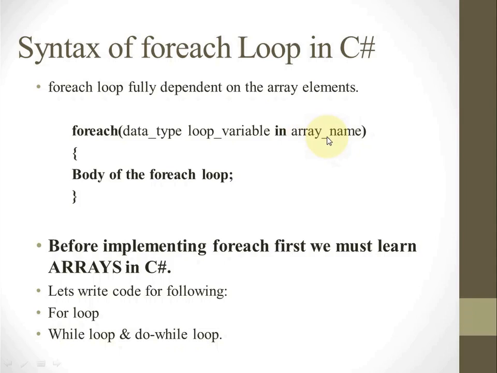So if we have an array of 5 elements, let's say of integer type, then the variable data type will also be integer, because the elements, or you can say the values, will be transferred one by one into the loop variable. So if the values are integer, then the loop variable type will also be integer. If the data type of the array is string, then this loop variable data type will also be string.